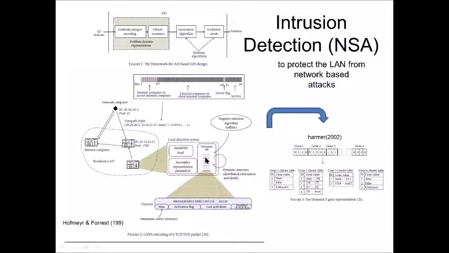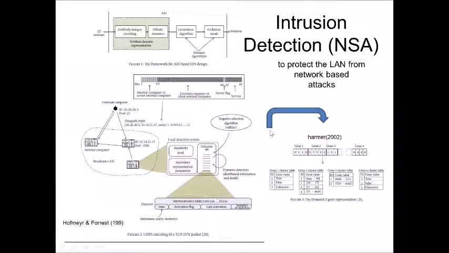In future, this antigen will be matched with the IP address. If it is within its coverage, this is okay. But if it is outside its coverage, the system will trigger an alarm saying that probably this is an attack from outside. Later, this model was improved by Hammer in 2002.